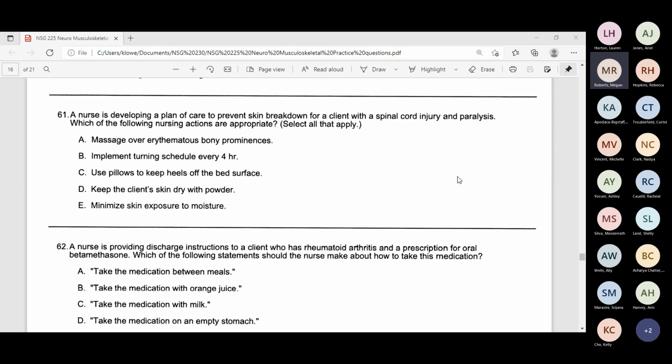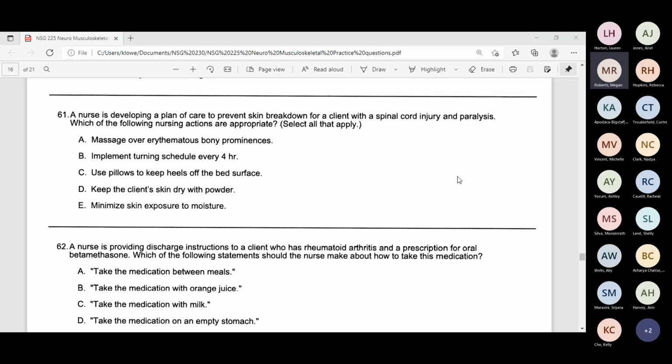Minimize skin exposure to moisture. But we really do use powder in real life. We used to use it all the time. We still do, where I work. They're all total cares, and they just lay and sweat, so we powder them up.